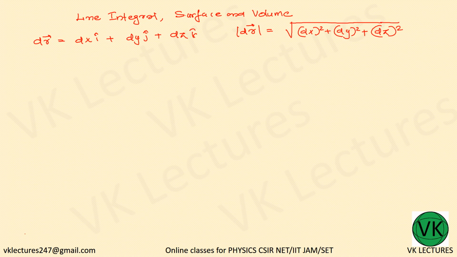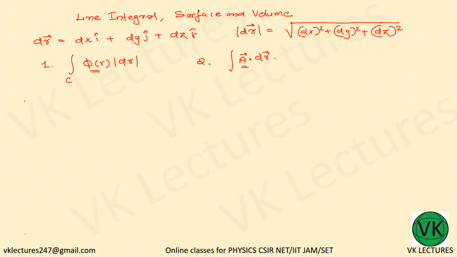Now there are integrals, the first one, the line integral, that is integral over the curve phi of r dr, and the second type is integral a dot dr. Here phi of r is a scalar and a is a vector.